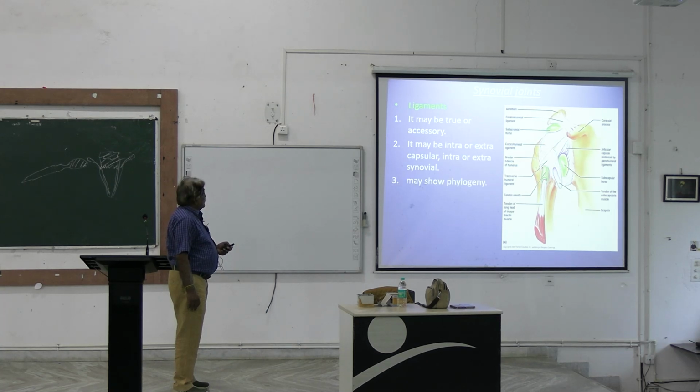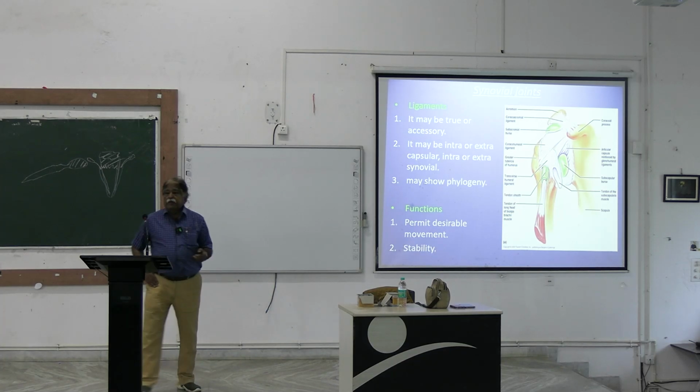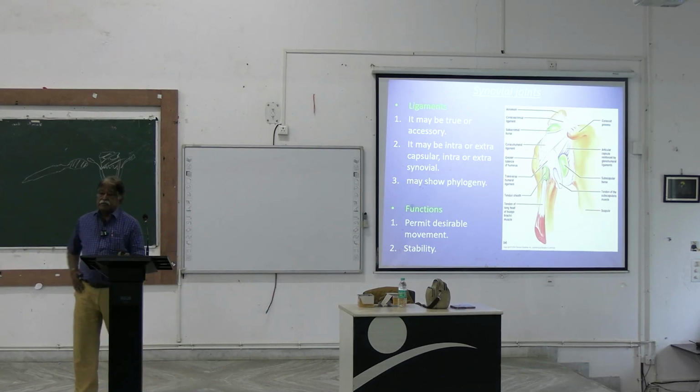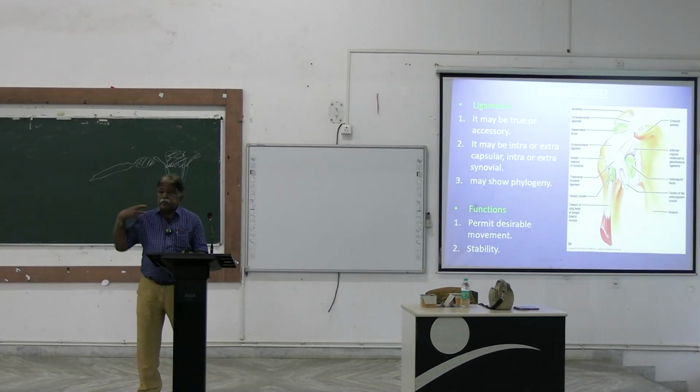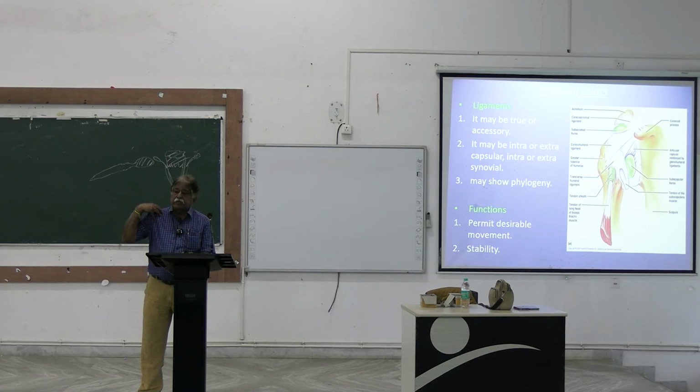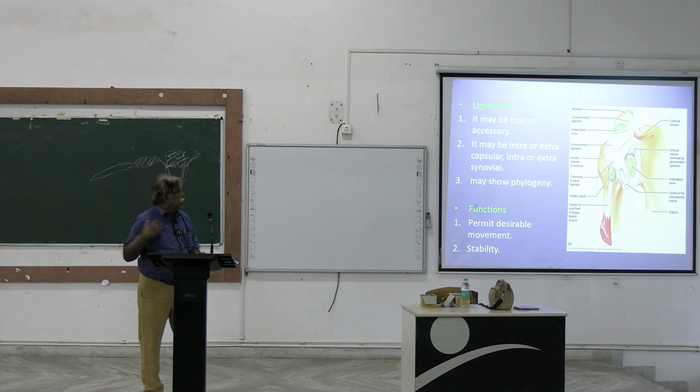May show phylogeny. Function: permits desirable movement, stability. Now, stability: your hip joint is a very stable synovial joint. Shoulder joint is unstable. It's also a synovial joint, but with greater mobility. Okay.